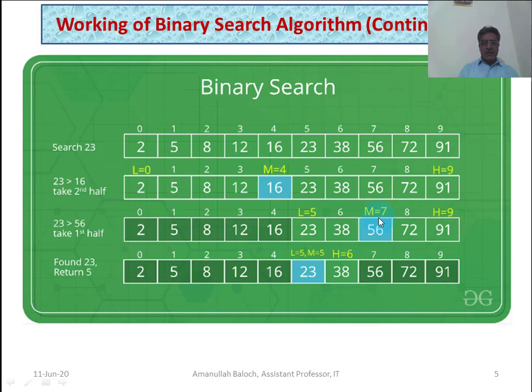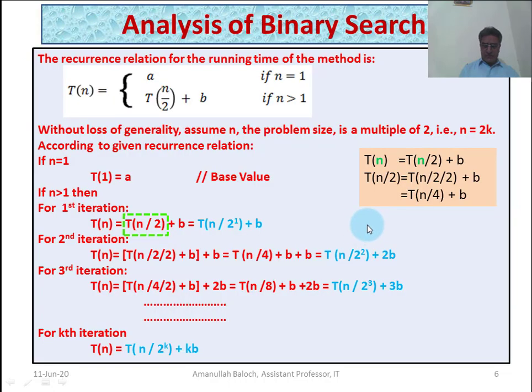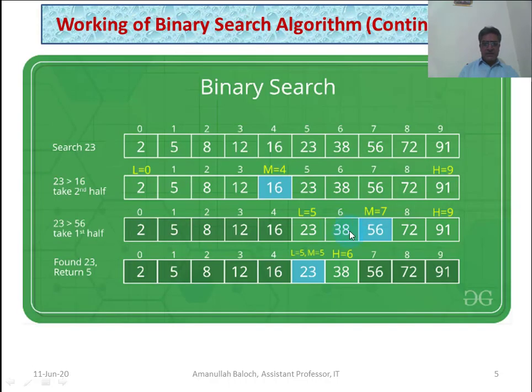The algorithm will compare the 23 with the value present at location 7, that is 56. 23 is greater than 56? No. Then the computer will leave these sections, and it will accept this section from 5 to 6.